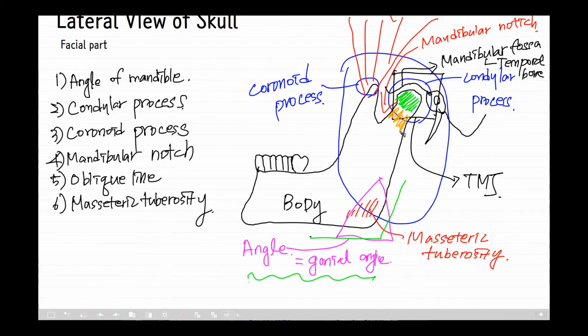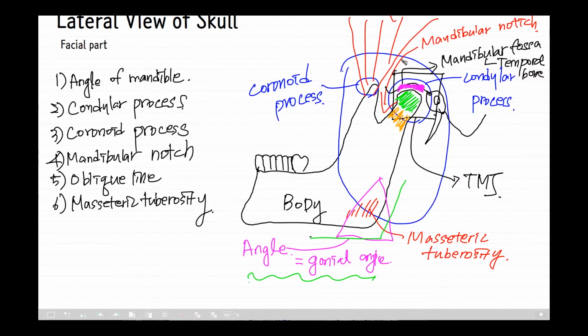The condyle presents an articular surface for articulation with the articular disc of the temporomandibular joint. In life, there is an articular disc between the mandibular fossa and the mandibular condyle, and the mandibular fossa is the structure located in the temporal bone, not in mandible.